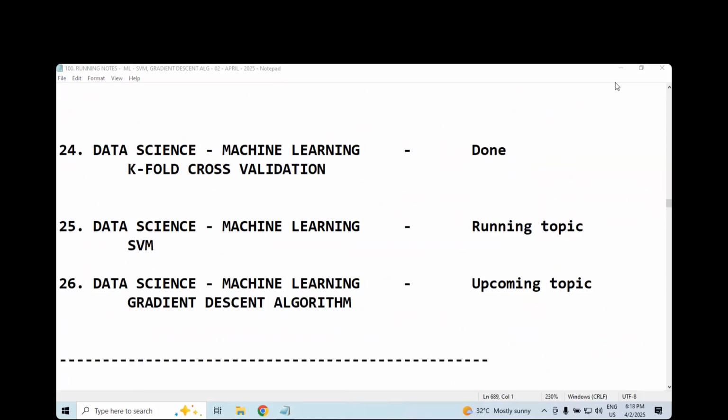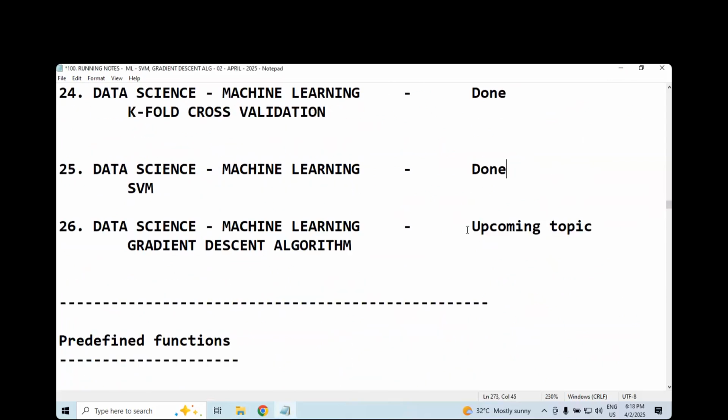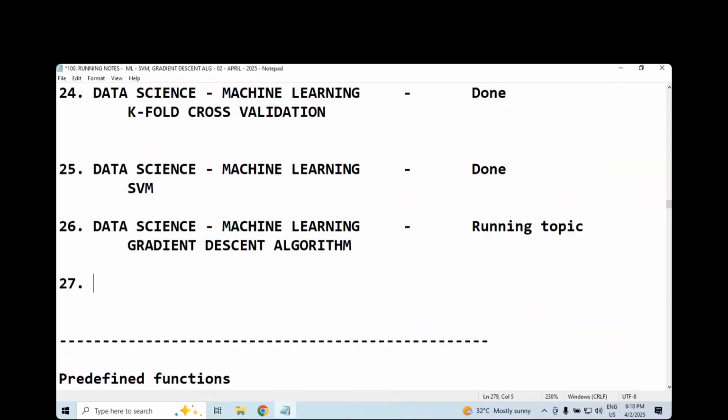Even by checking the documentation, we can cross verify the same thing. We have done this. What is this running topic? After this, the 27th should be a new algorithm.